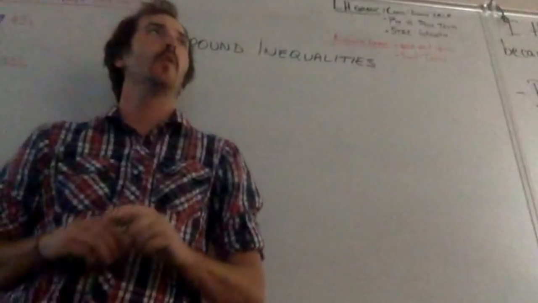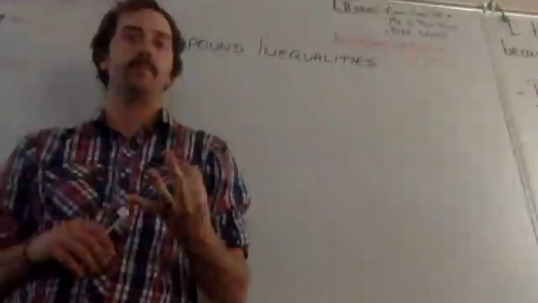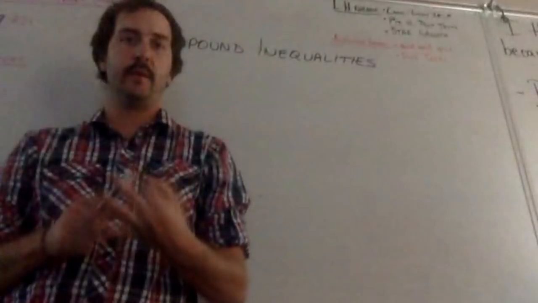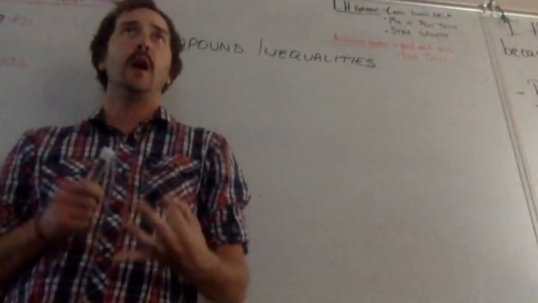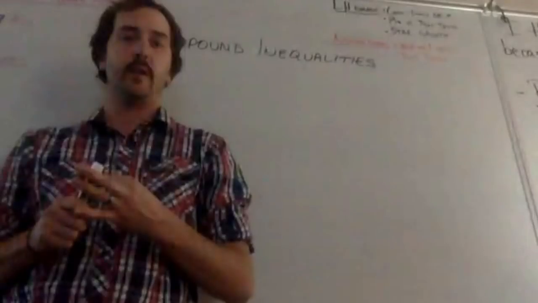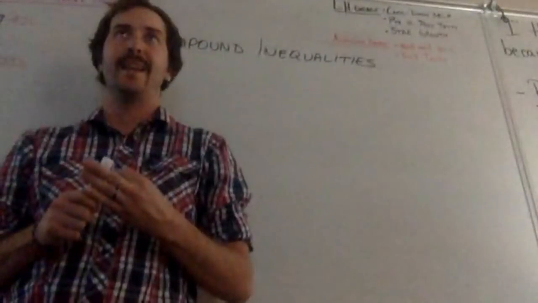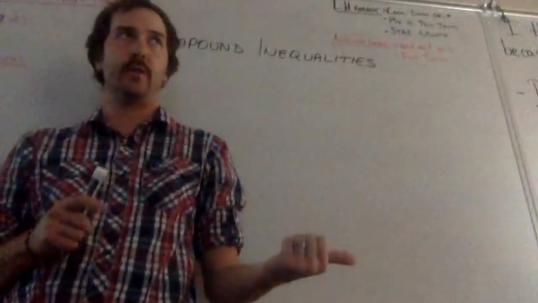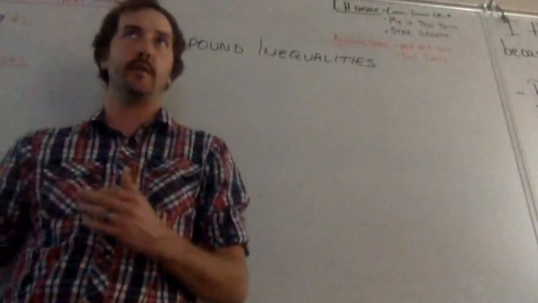Got it. So let's think about water. Water has three different phases, three different states: gas, liquid, and solid. Well, we can make an inequality using water, saying that water is not a liquid when it is below 0 degrees Celsius and when it's above 100 degrees Celsius.